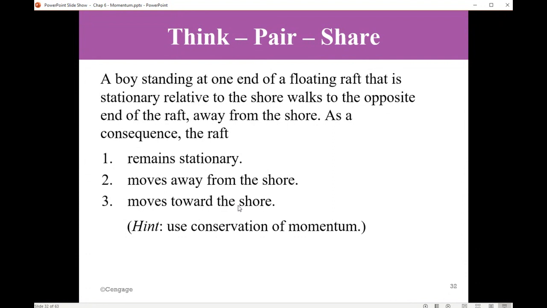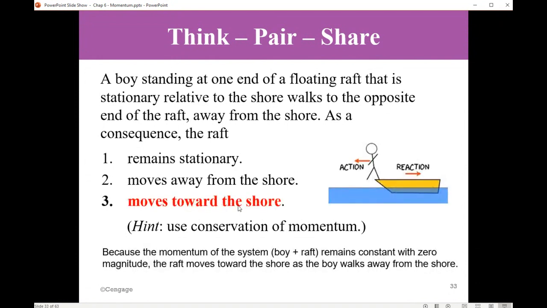We need to apply the conservation of momentum. So the isolated system in this case is composed of the boy and the raft. So if the boy walks to the opposite end of the raft away from the shore, to conserve momentum, the raft should move toward the shore.